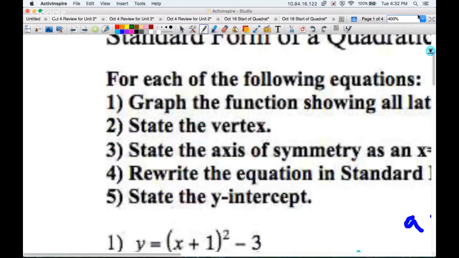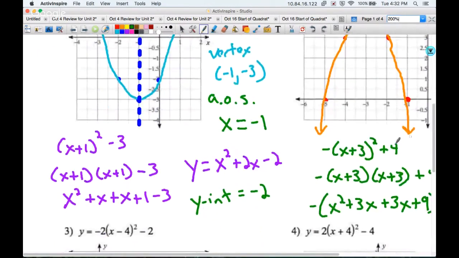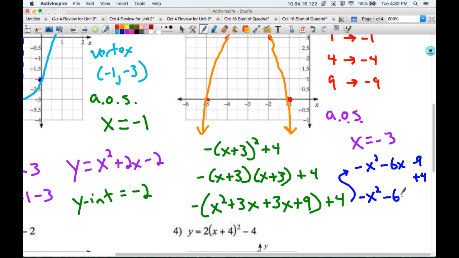Let's see if I can't zoom this in a little bit. Just a little bit more room. All right, so this here becomes negative x squared minus 6x minus 9 plus 4, negative x squared minus 6x minus 5.